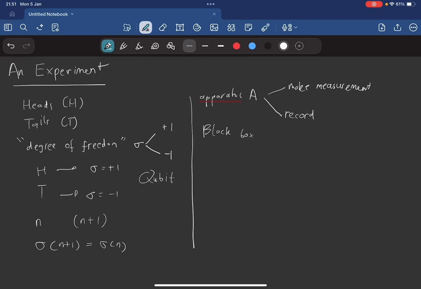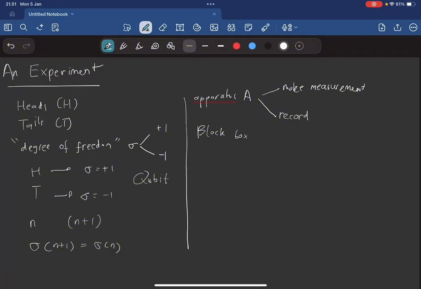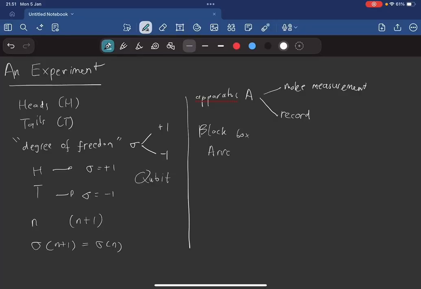Now this black box has a window that displays the result of measurement. There is also an up arrow on the apparatus. The up arrow is important because it shows how the apparatus is oriented in space. The spin also has an arrow, and its direction will affect the outcomes of our measurement.